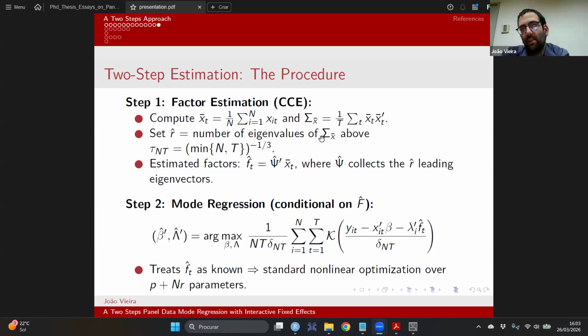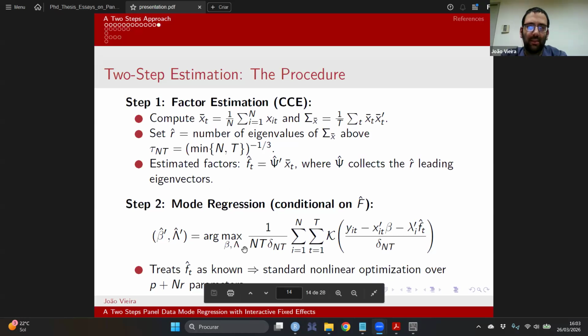Say that, using the way that you want, you were able to find the common factors. After you found them, we replace them here, and then you can treat the lambda parameters as parameters to estimate jointly with the beta parameters. So this is basically the Kempf and Santos Silva framework, just extended to final data and to common correlated effects.